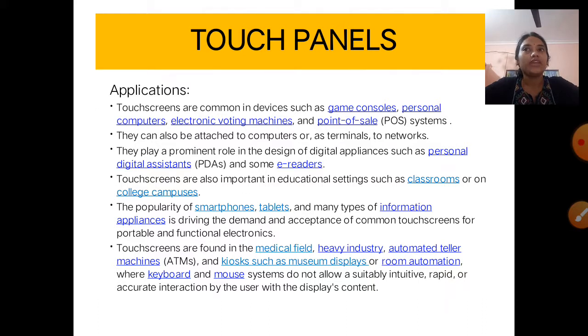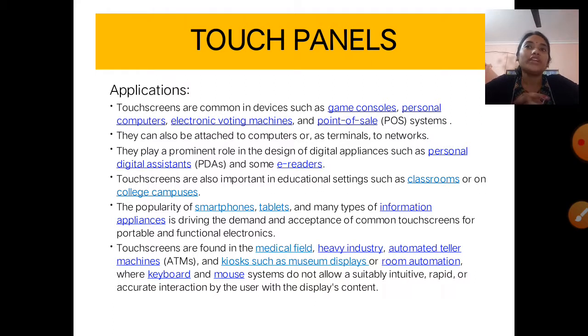They play a prominent role in the design of digital appliances such as PDAs, meaning personal digital assistants, and some e-readers. Touchscreens are also important in educational settings such as classrooms or college campuses.